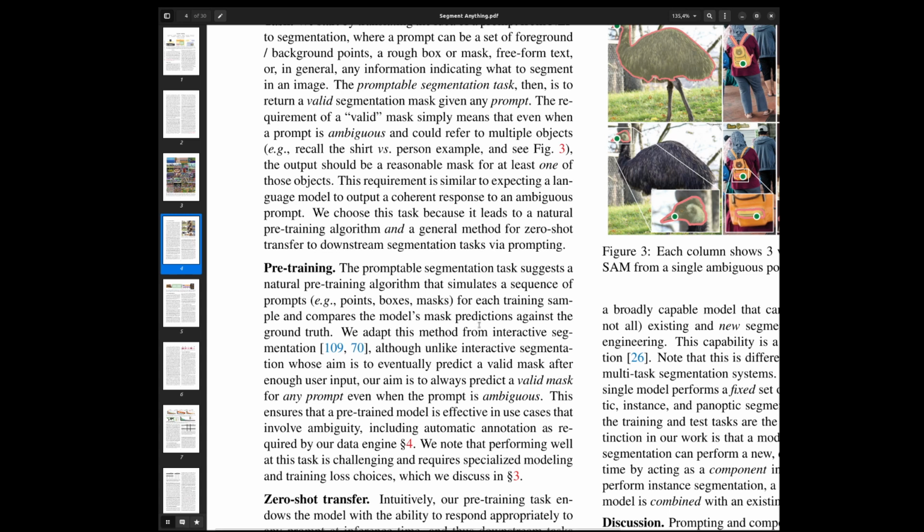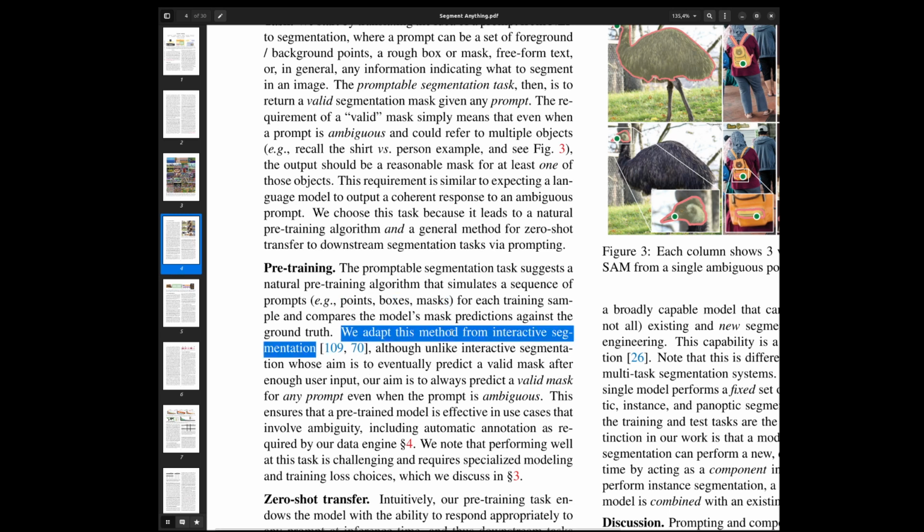You take one image and you prompt it with a point, box, or mask, and they should return the same result. No, I think here they mean that they create a simulation where they create these prompts from the ground truth, right? Yes, that's what I'm thinking.